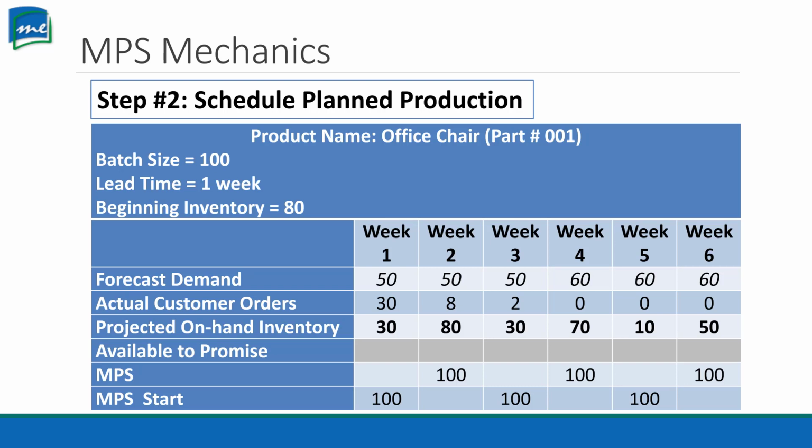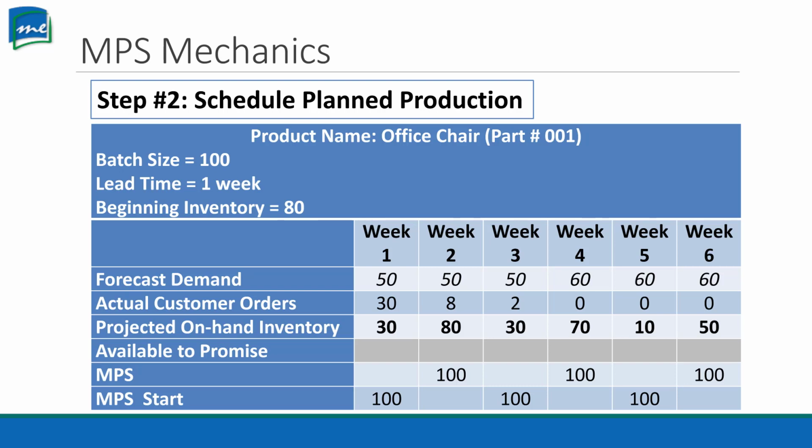At week 4, we're receiving the production, the inventory for 100 units. So at that time, we would subtract the 60 from the 100, and now we have 70. So you see how we play with the numbers, and we can figure out what we need to do.